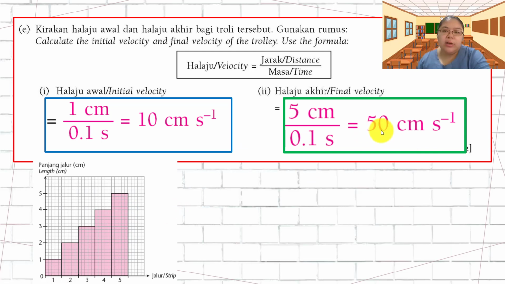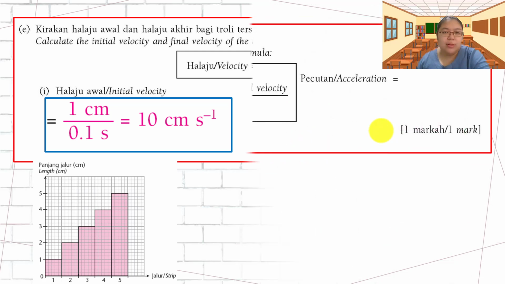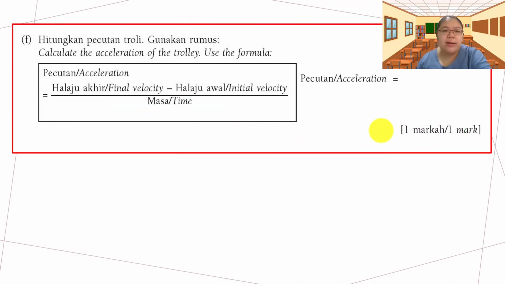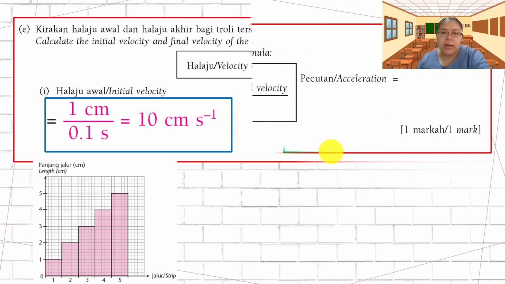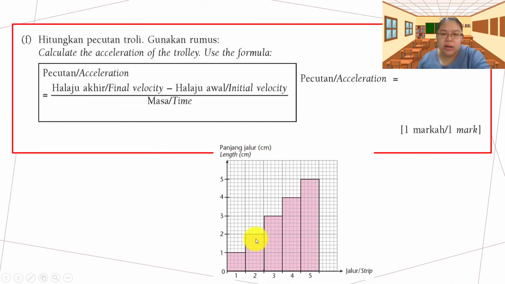Next, they want to find the acceleration. Just now our answers were 50 and 10, so 50 minus 10. But you need to know the time interval. Remember, when you count acceleration, you need to jump. From the first one to the second one, I jump 1, 2, 3, and 4.